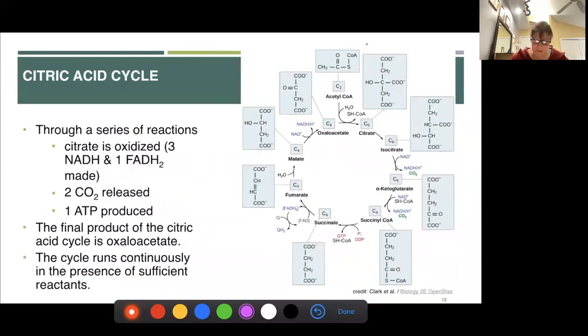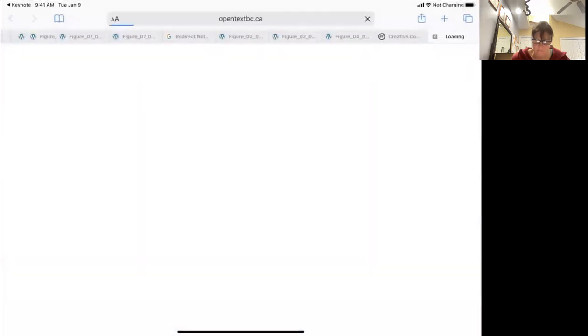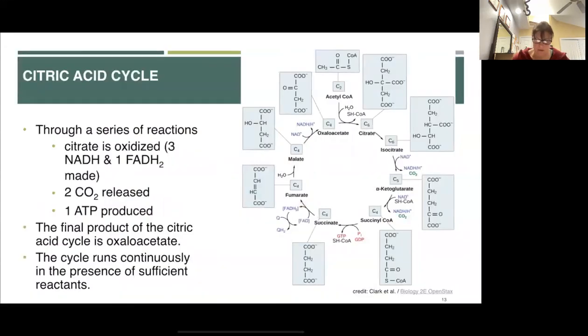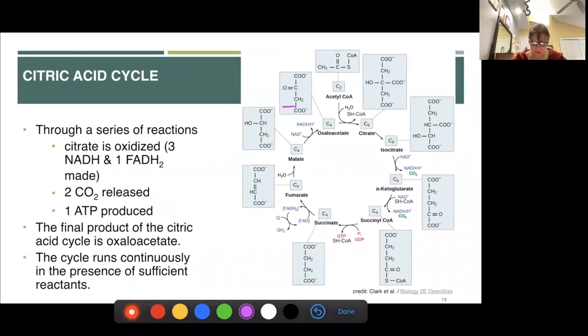So the first thing we're going to do is have our acetyl-CoA come in and drop off our 2-carbon molecule here. We're going to have a 4-carbon molecule hook up to a 2-carbon molecule. This is 4 carbons.